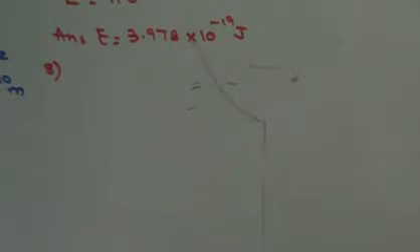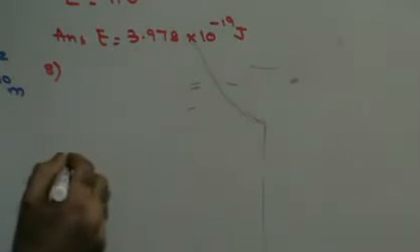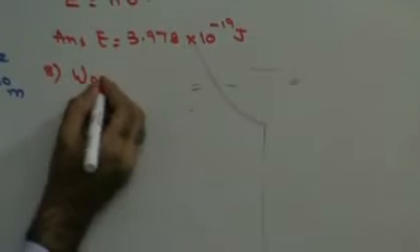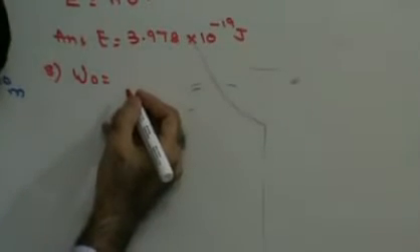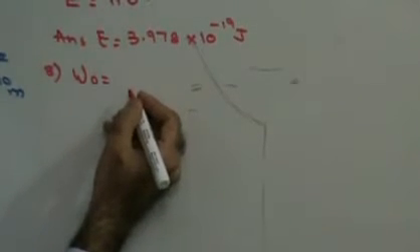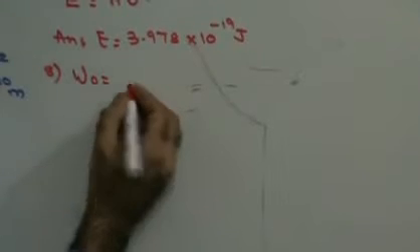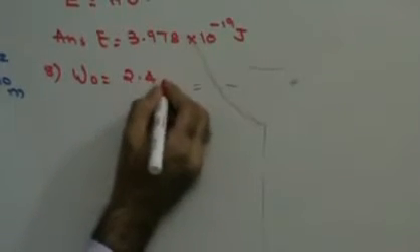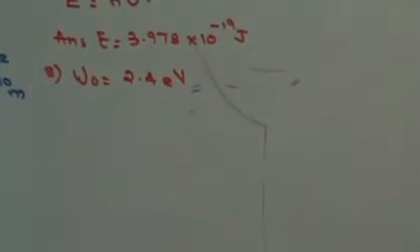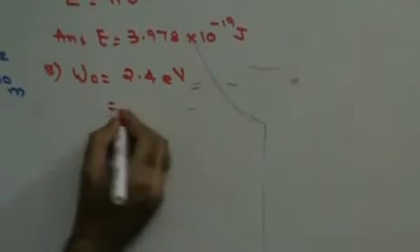The photoelectric work function of a metal is 2.4 electron volts.